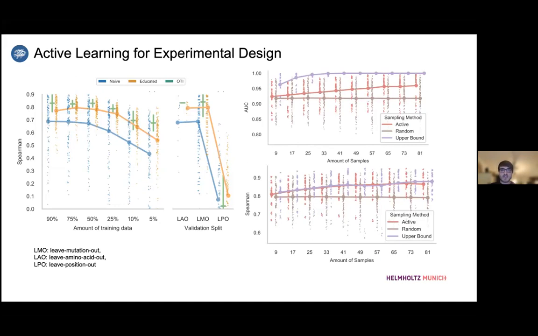Especially if we're interested in regressing the activation score, this usually performs quite optimally, and we're usually reaching the greedy upper bound quite sufficiently with this active learning procedure. Just to clarify, this upper bound is looking back and selecting greedily the next best mutation or data point that would optimally increase the performance of the model. So this is a greedy upper bound here.